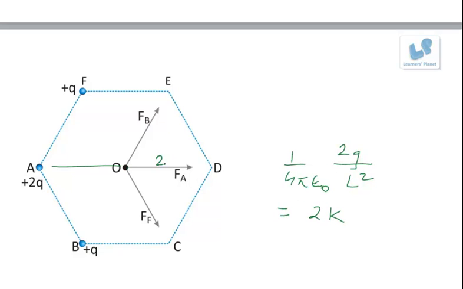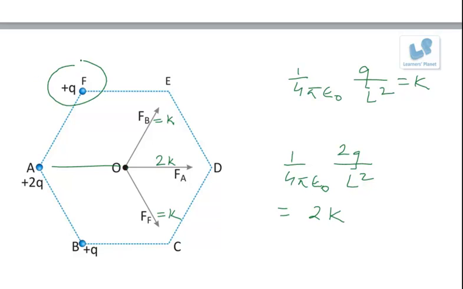So the electric field is 2k because of A towards OD. Similarly, electric field due to B will be equal to 1 upon 4 pi epsilon naught q upon L square, which is equal to k. Similarly, electric field due to charge plus q at F is also k. Only thing is that their directions are different.